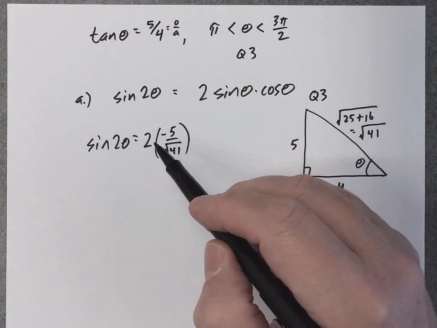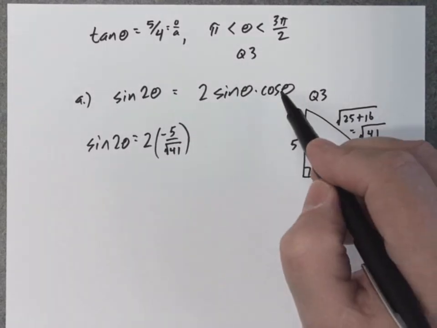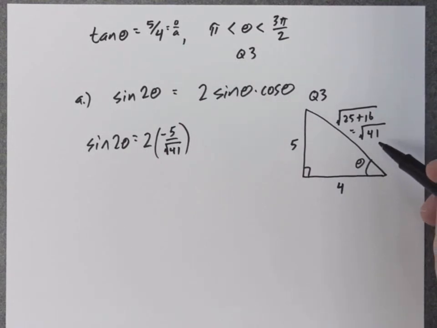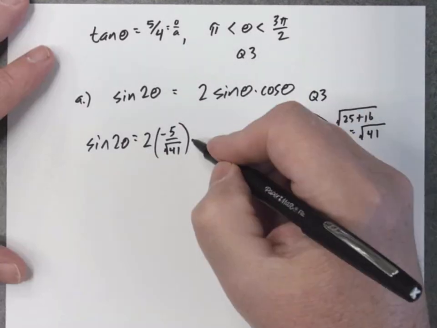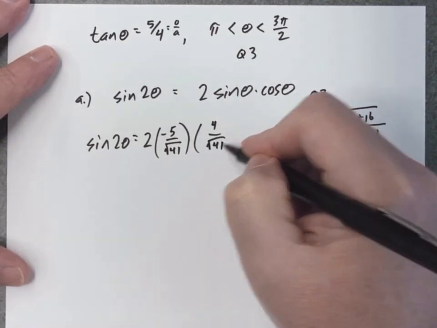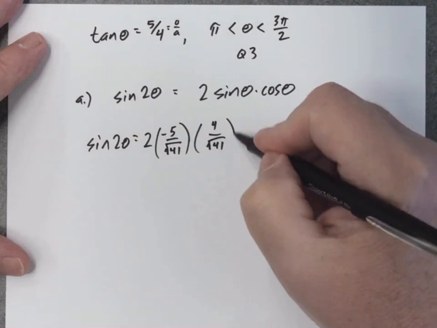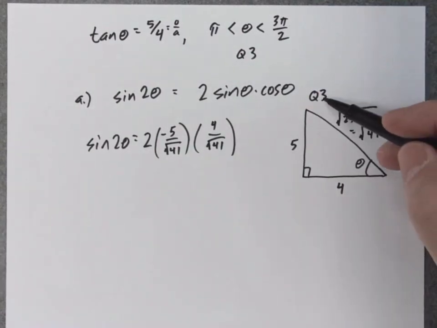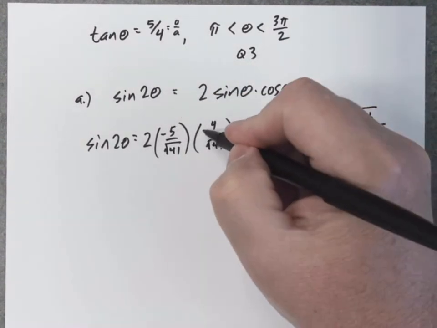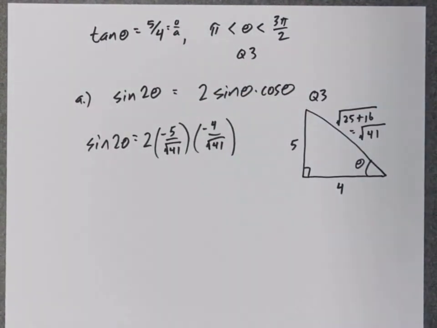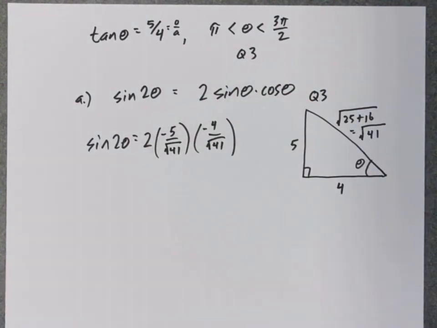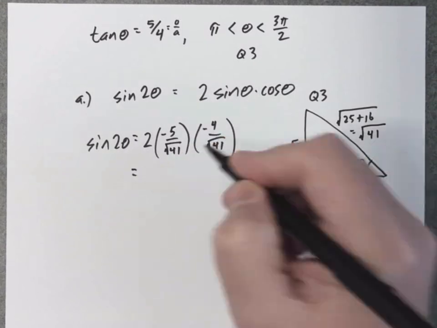So 2 times sine of theta times cosine of theta. So I go back to my triangle. Cosine is adjacent over hypotenuse. But once again, in quadrant 3, is the cosine going to be a positive or negative number? Well, in quadrant 3, cosine is also negative. So now I've plugged these values into my formula, and now it's just a matter of doing this calculation.